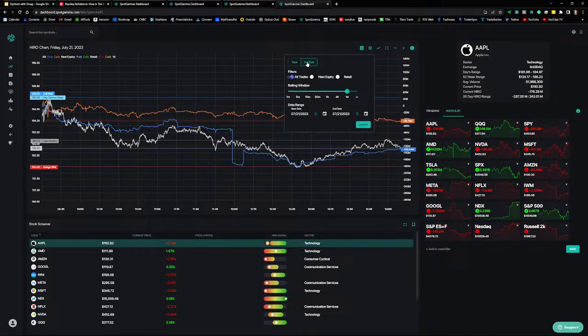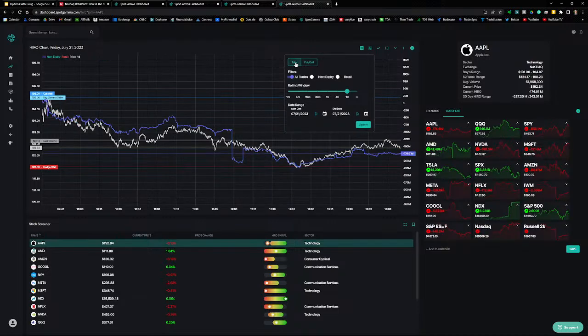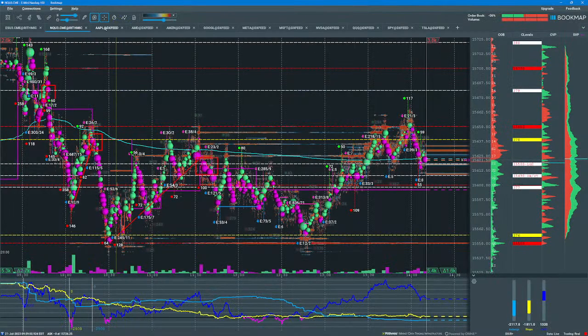So traders are selling calls and buying puts. Both the orange number and the blue number are negative. Negative delta, negative notional value. Let's go take a look at Bookmap.